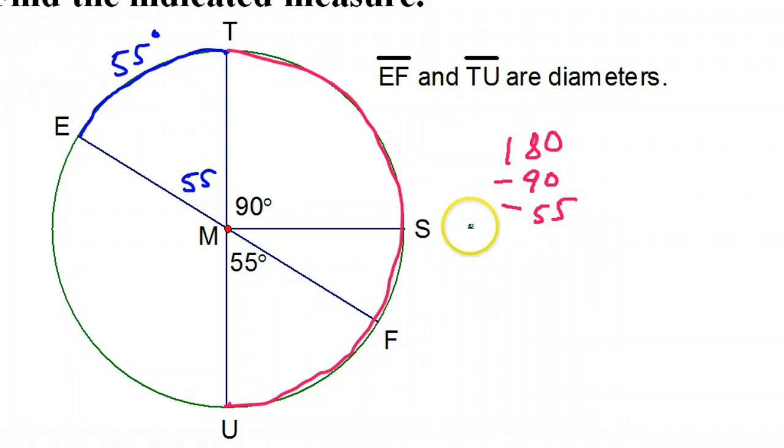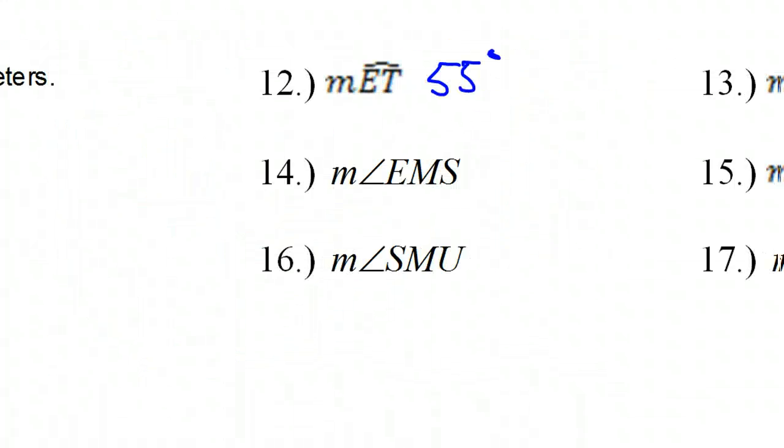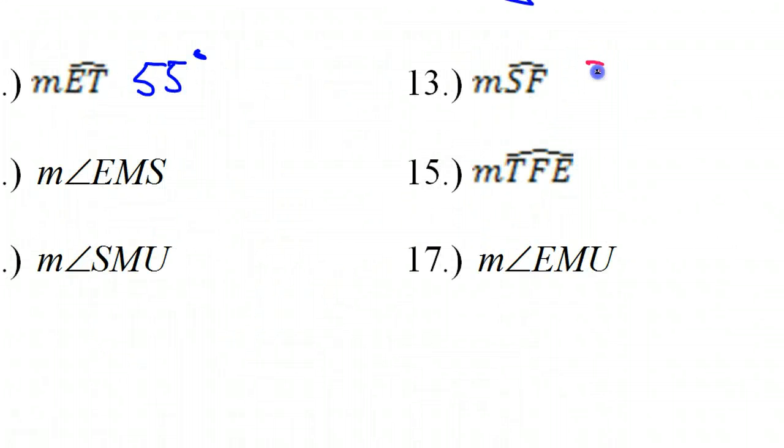Okay, and see what we get. Okay, that is 35 degrees. All right, and that's the angle and the arc. So arc SF is 35 degrees.